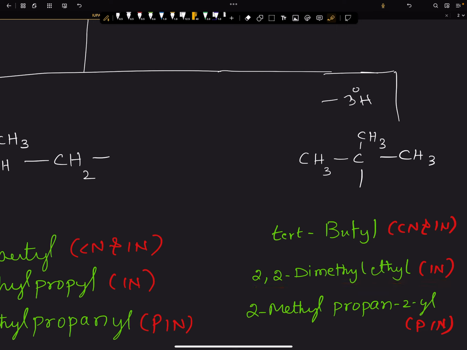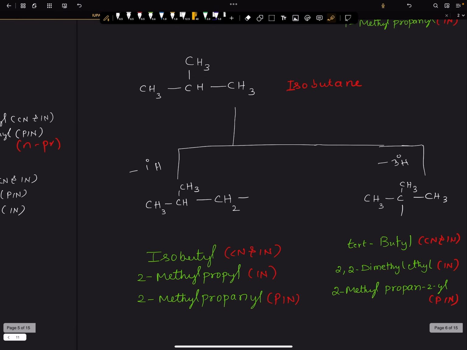Or we give numbering 1, 2 and 3. On the second carbon there is a methyl group, so it is called 2-methylpropan-2-yl, because through the second carbon it can be connected to other atoms. This is the preferred IUPAC name.